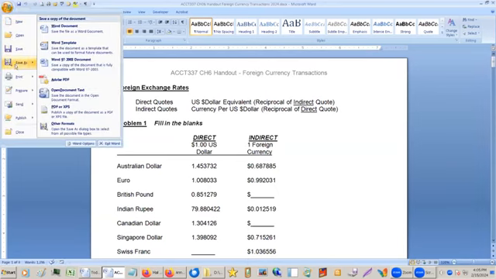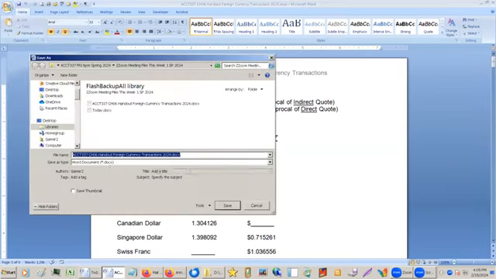So now we're going to get into foreign currency transactions.